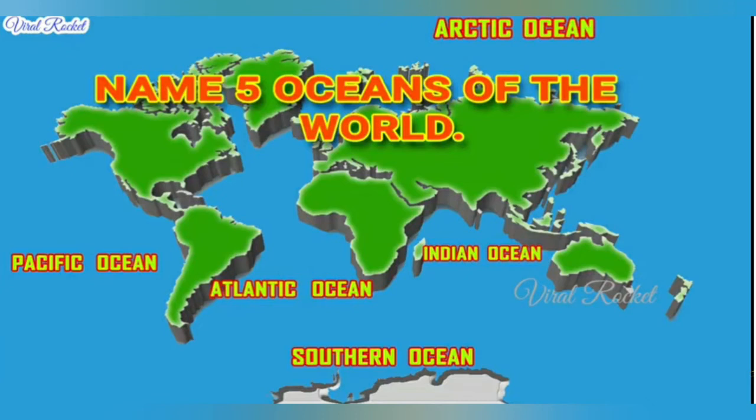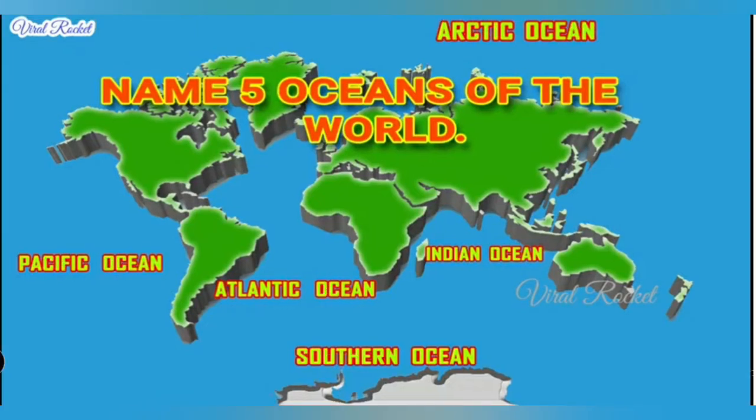The first largest ocean is the Pacific Ocean. The second largest ocean is the Atlantic Ocean. The third largest ocean is the Indian Ocean. The fourth largest ocean is the Antarctic Ocean or Southern Ocean. The fifth largest ocean is the Arctic Ocean.